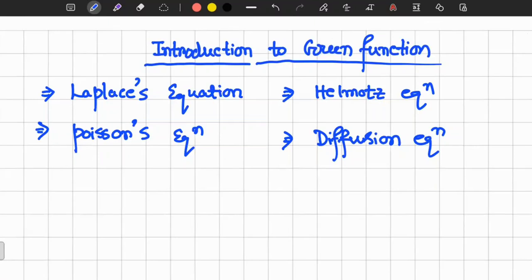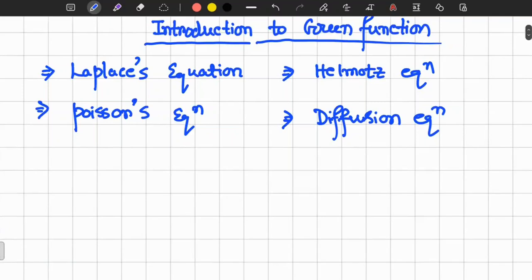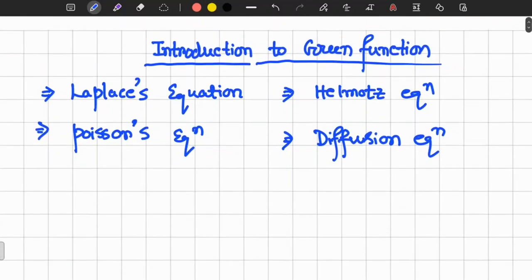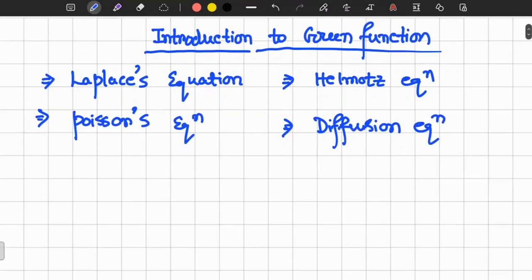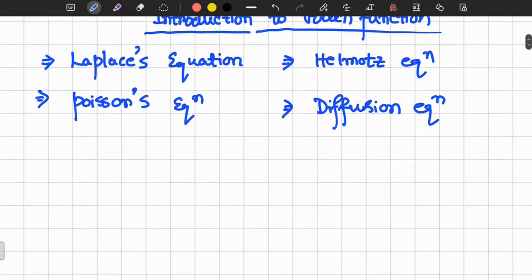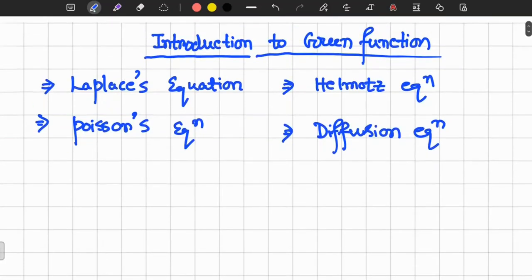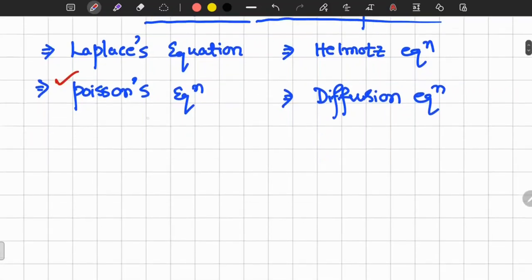The method is very useful, and it is well used in condensed matter physics. Today I'll first introduce the form of the Green function, then we'll solve the Laplace equation, because this is the easiest. Actually, we can solve the Poisson equation, which also holds the Laplacian operator.